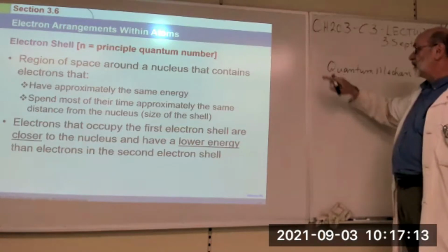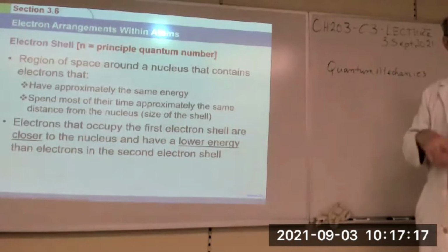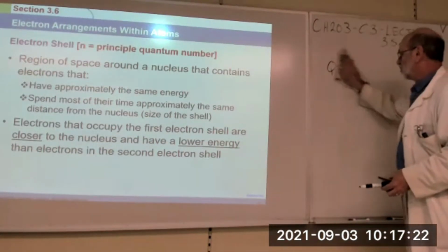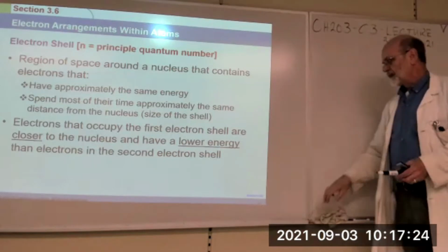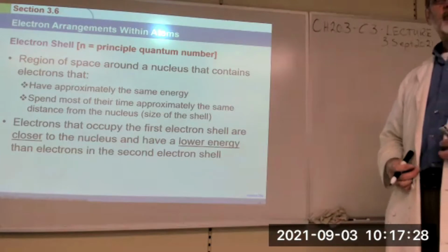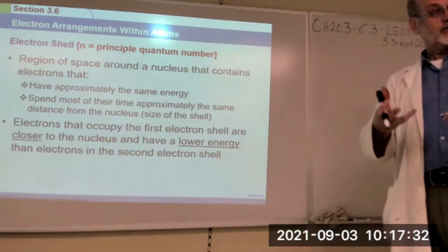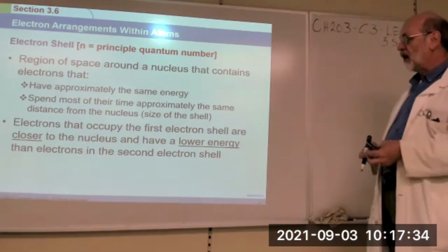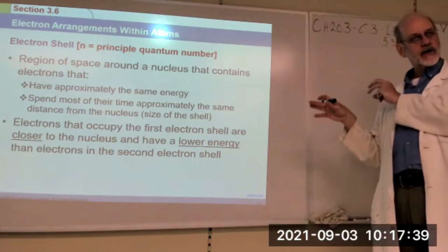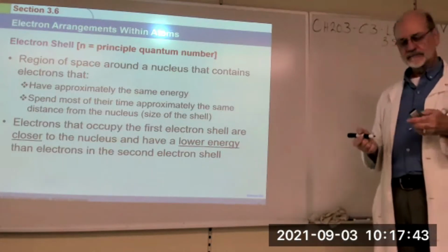That stepped in to explain the behavior of very small things. We're talking about electrons now. Okay. So I can't teach you how to do quantum mechanics. I can teach you some of the things that we learned from quantum mechanics, right? And help inform how we draw an atom and how we explain chemical behavior. That's what we're getting at here.